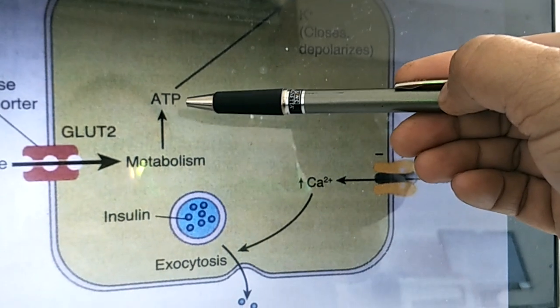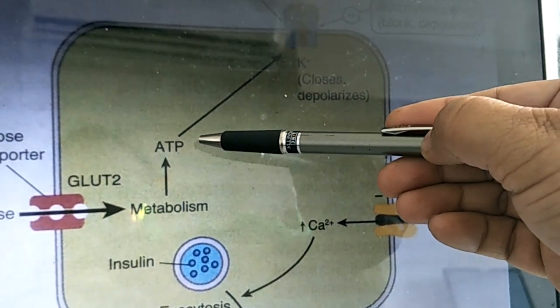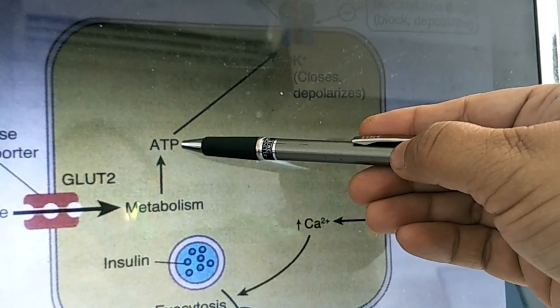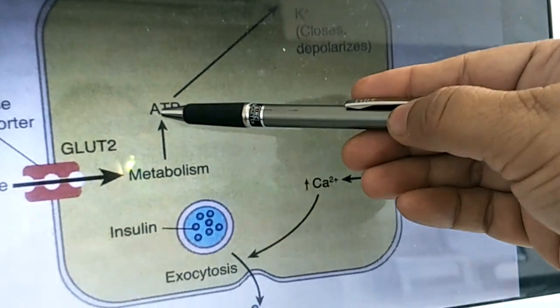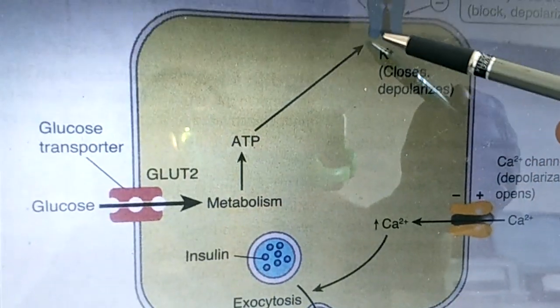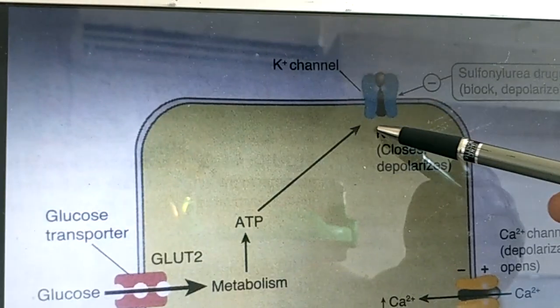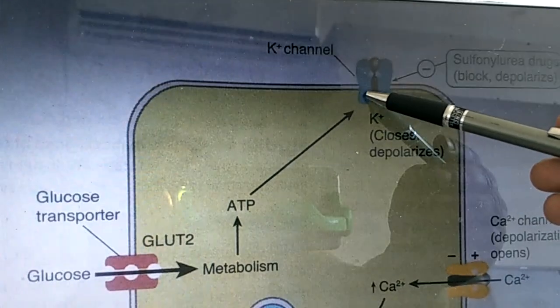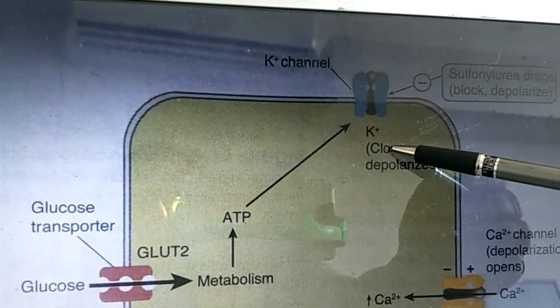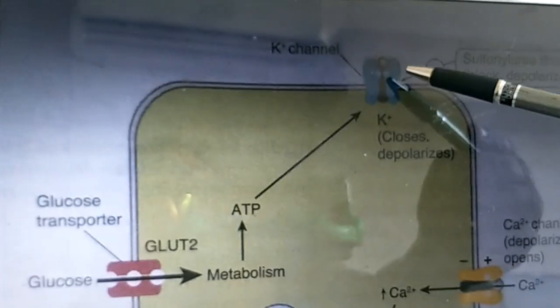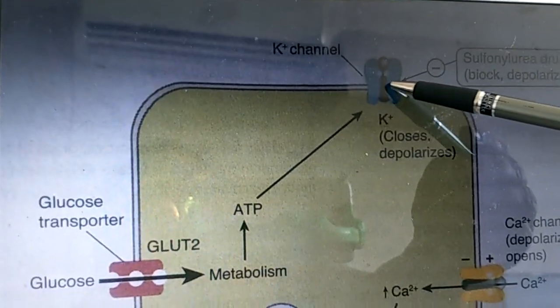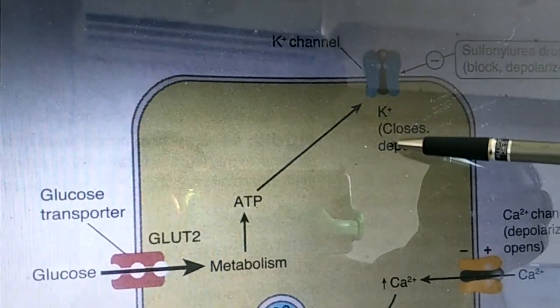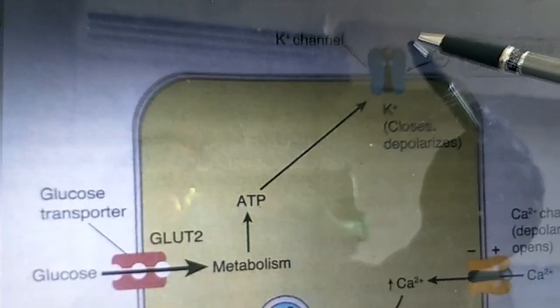Whenever glucose is metabolized, there is an increase in the levels of ATP. ATP is generated. This ATP causes closure of the potassium channels. The flow of potassium stops when these channels are closed by ATP.